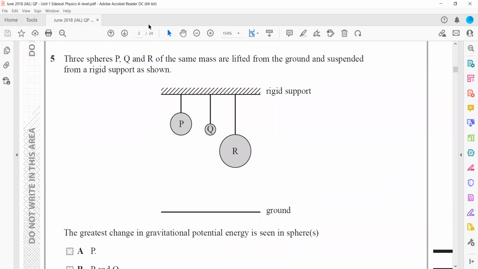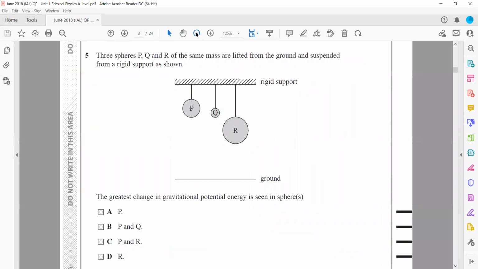Three spheres P, Q, and R, which all have the same mass, are lifted from the ground and suspended from a rigid support. Which has the greatest change in gravitational potential energy? So how can we work it out?